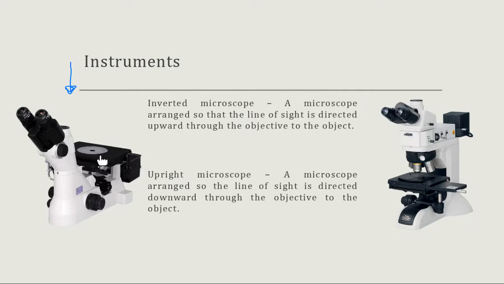That would not be the case for this microscope over here, because even if it's not on a perfect plane, when you set it on the stage, it will be perfectly perpendicular to that light source. So that's why I prefer the inverted microscopes. Just very easy to use and very user friendly.